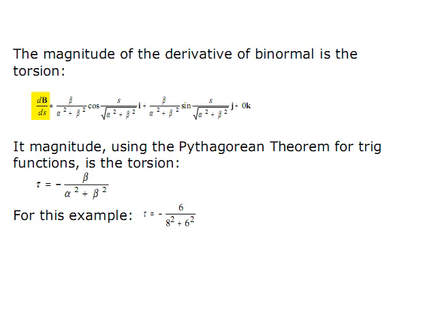Again, we make use of the Pythagorean theorem for trig functions to get the sine squareds and cosine squareds out of the picture. And here's the torsion, minus beta over alpha squared plus beta squared. So the torsion is minus 6 over 100. And if we took the unit vector associated with this derivative, we would find that it is the same as the normal that we calculated earlier using the tangent vector.